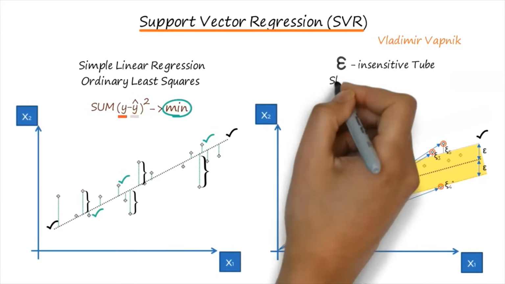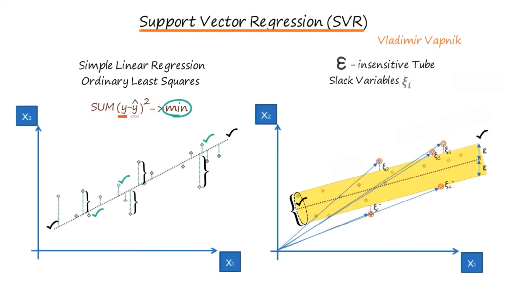Now we have to understand the meaning of this epsilon insensitive tube, where epsilon is the width which is measured vertically with respect to the x2 axis. Epsilon insensitive tube means that any point in the data set, which is depicted here by a dot, that falls inside the tube, we will disregard the error.